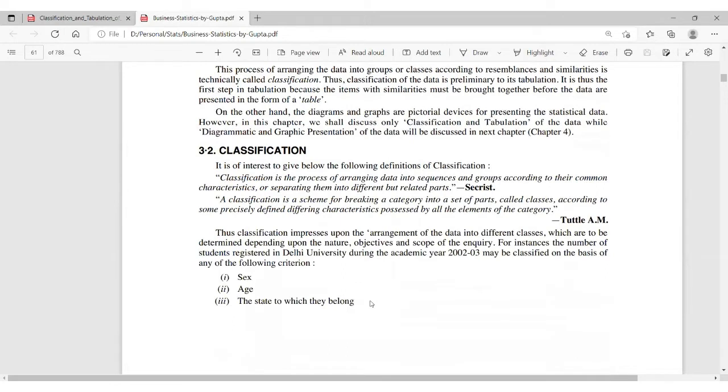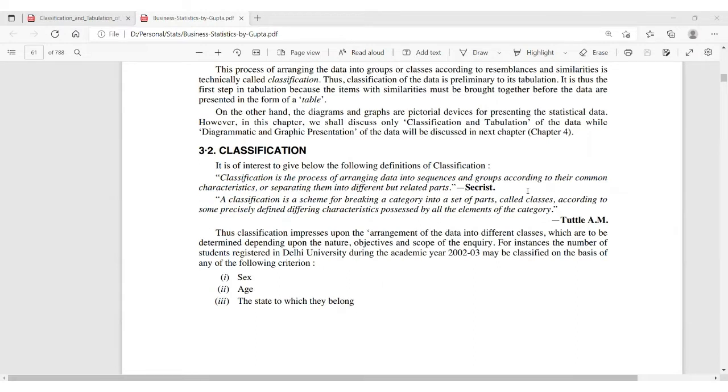Now come to what is classification. See, classification. Generally, they ask this question, it is an important topic: what is classification? What is its definition, and all this, right?